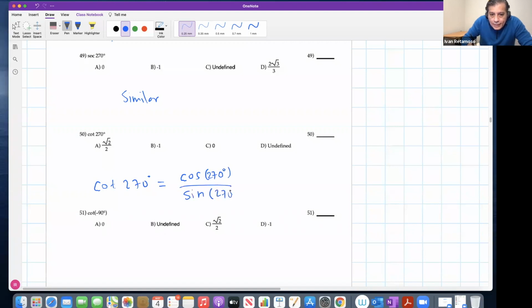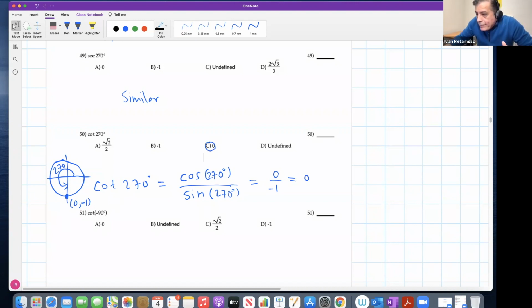I know them thanks to the unit circle, once I set my 270-degree angle here, and look at the x and y coordinates. 0, negative 1 are the coordinates of this point. So cosine should be the first coordinate, the x coordinate, and sine should be the second coordinate, or y coordinate. 0 divided by negative 1 is 0, right? You follow, guys?